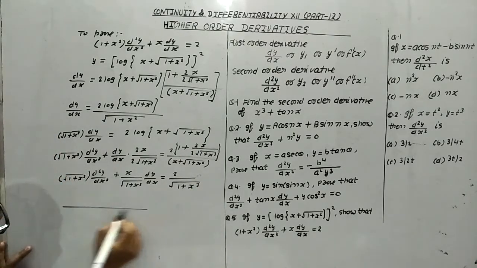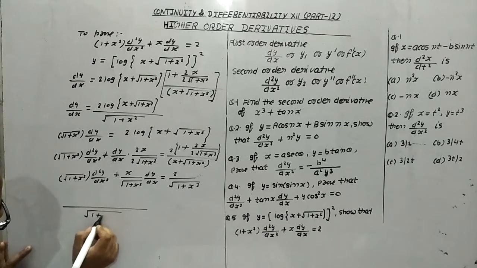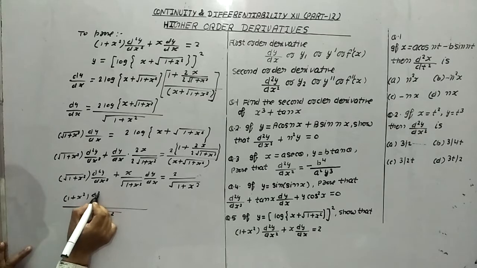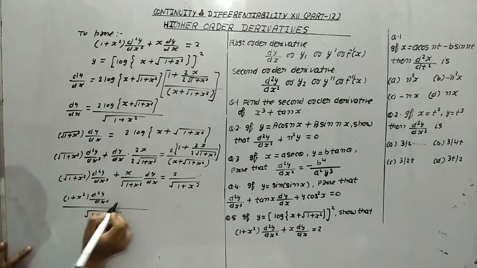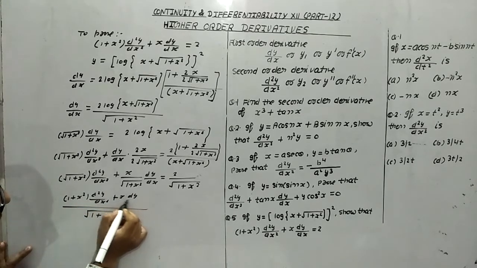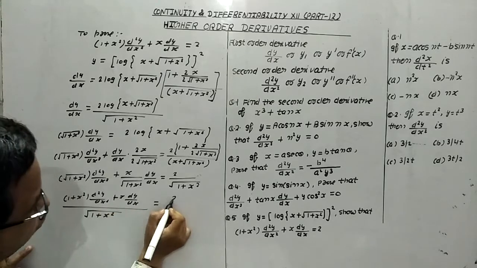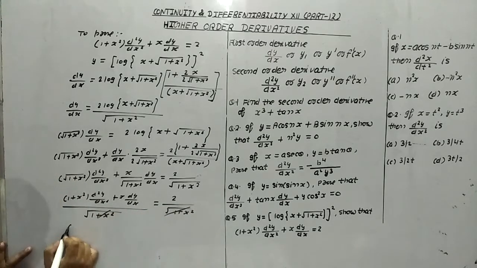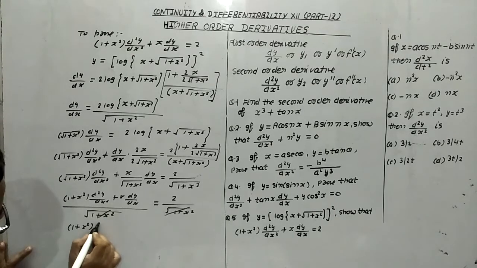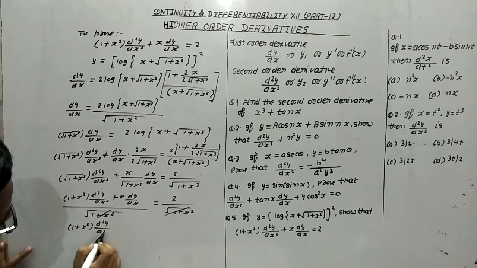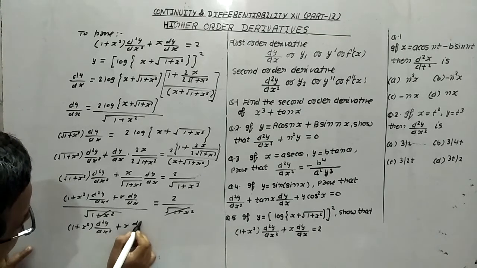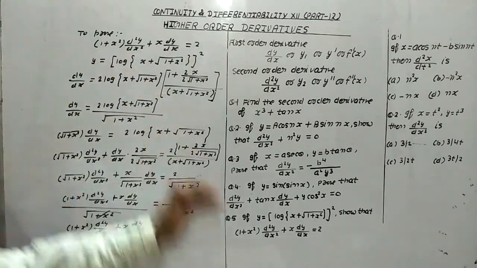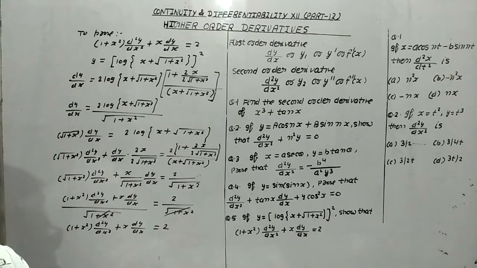Now taking whole LCM, under root 1 plus x square, this becomes (1 plus x square) d2y by dx square, and this is plus x dy by dx, and this is 2 upon under root 1 plus x square. This cancels out. It means (1 plus x square) d2y by dx square plus x dy by dx is equal to 2. So this is the way to do this type of questions.